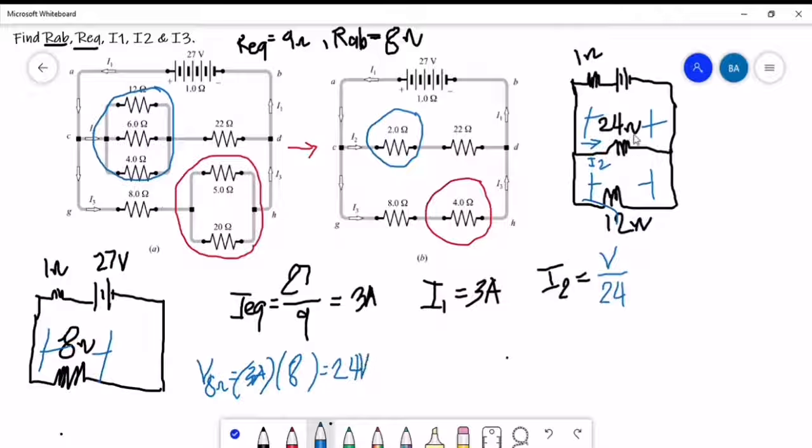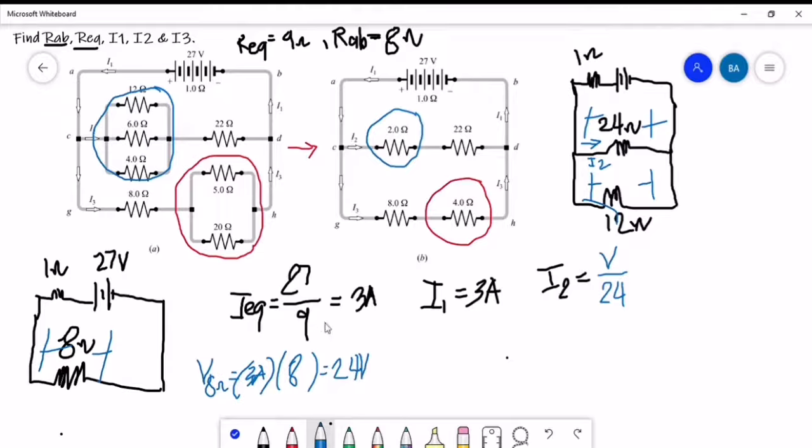Now, the current that flows here in our 24 ohms, which is our I sub 2, right? So just kindly combine this first so you can get the I sub 2.